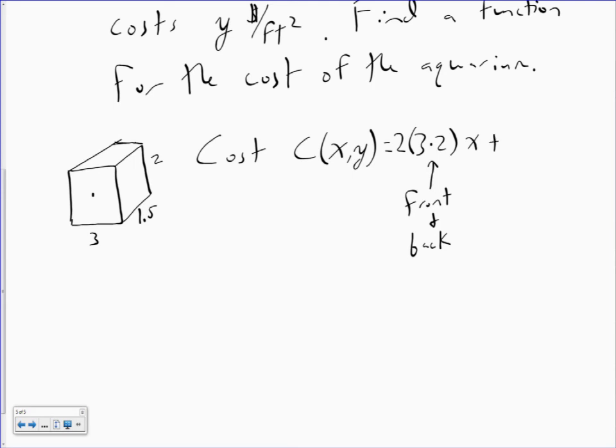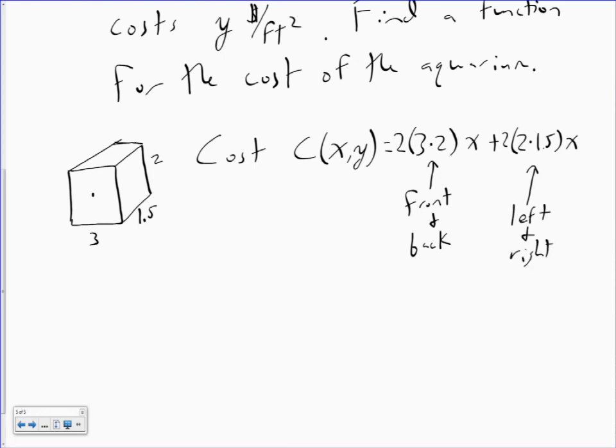The 2 sides: the dimensions of each side are 2 in depth and 1.5 in width. And it costs another X dollars per square foot for that side. Again, there's a left side and a right side, so there are actually 2 of them. This is the left and right.